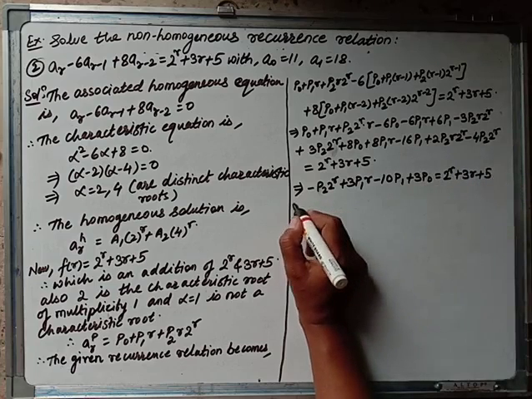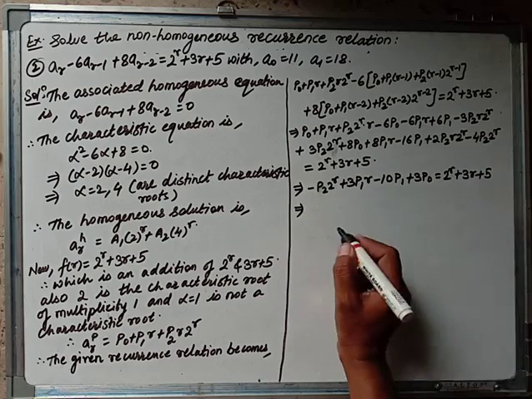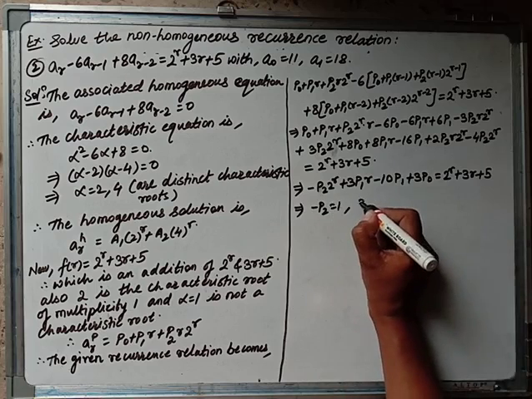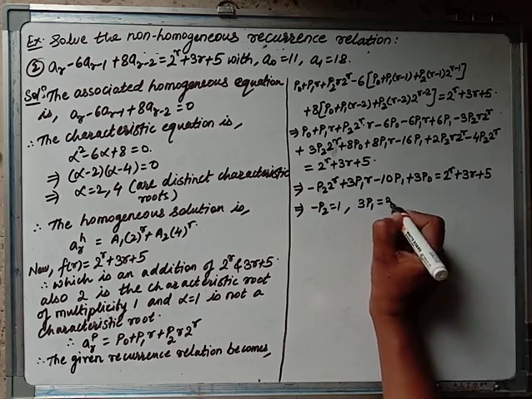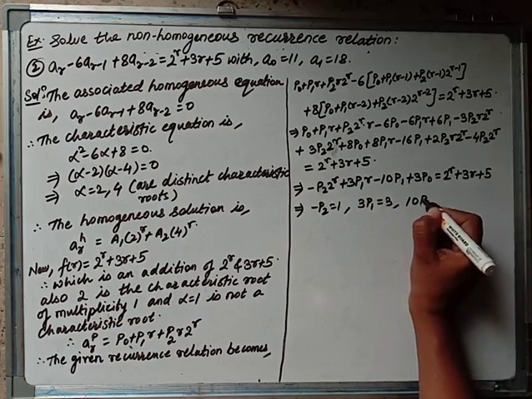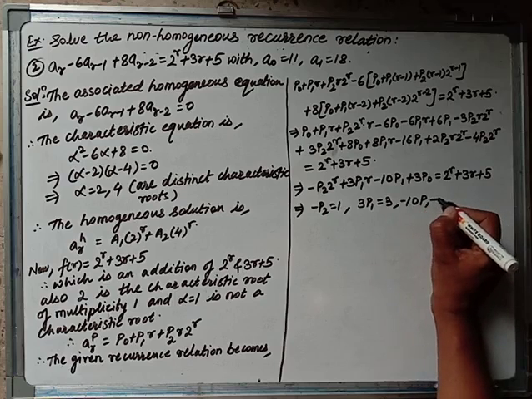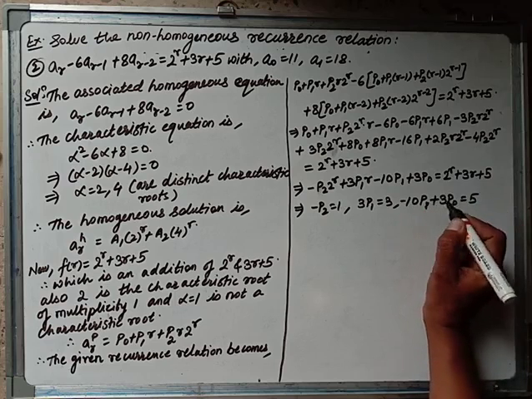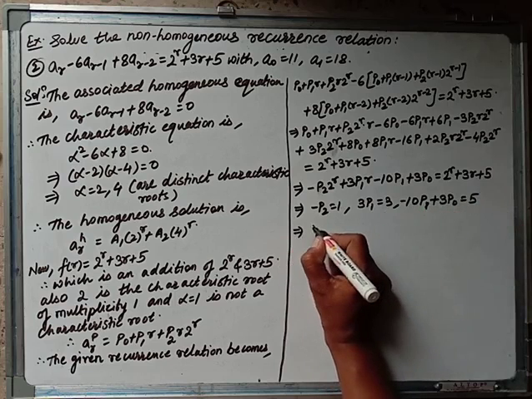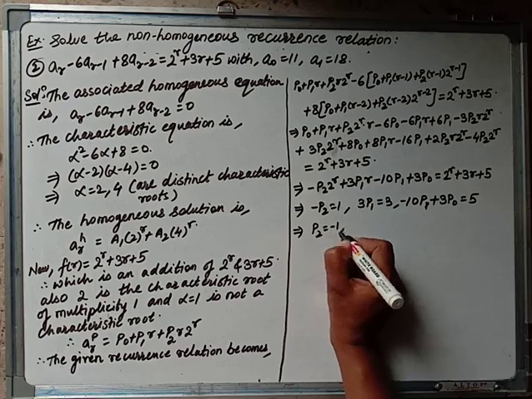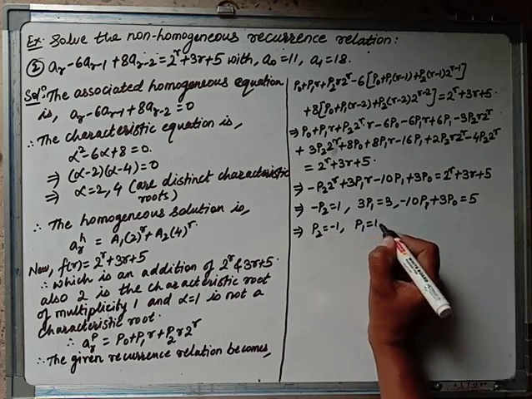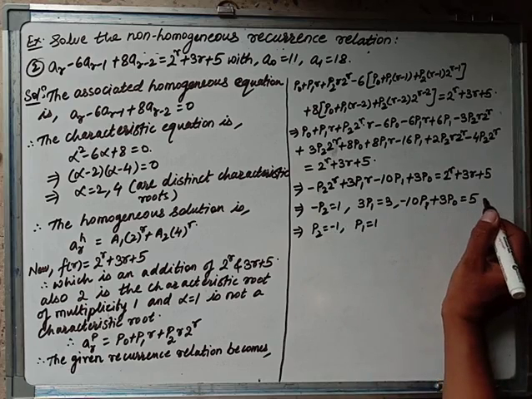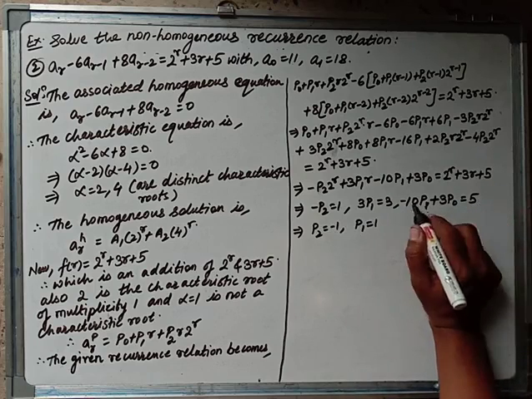So now while comparing, this gives us minus P2 is equal to 1, 3 P1 is equal to 3, and minus 10 P1 plus 3 P0 is equal to 5. So this gives P2 is equal to minus 1, P1 is equal to 1. So put P1 here, so that minus 10 will become plus 10 on this side.